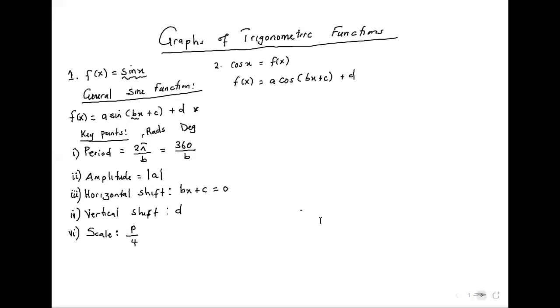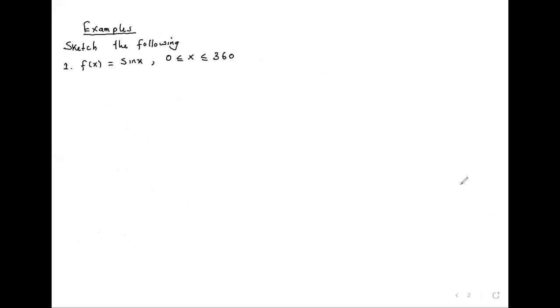Okay. So if you don't know anything about the period, the phase shift, the vertical shift, the horizontal shift, but at least you know that if you are given angles from 0 to 360, if we are to go by the old way of using a table, well, we can put a table of x values and then f of x.